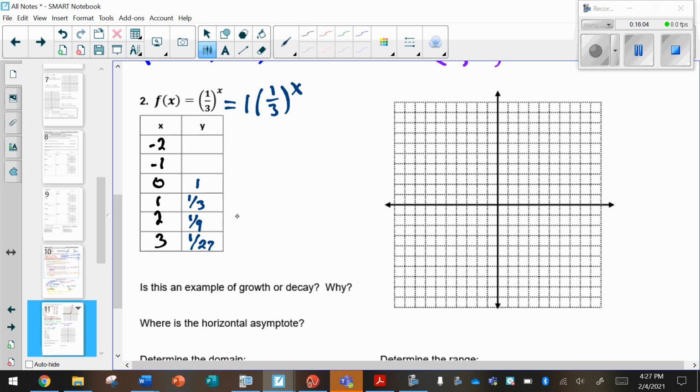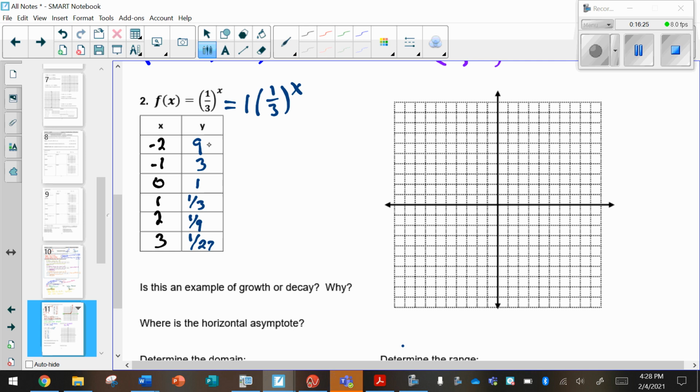So if we think backwards, the opposite of dividing by 3 while the x values increase would be multiply times 3 while the x values get smaller. So then -1, it would be up times 3. -2 would be up times 3 again.